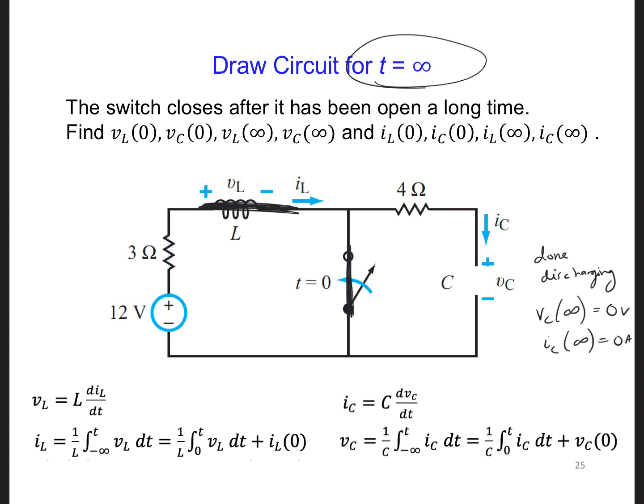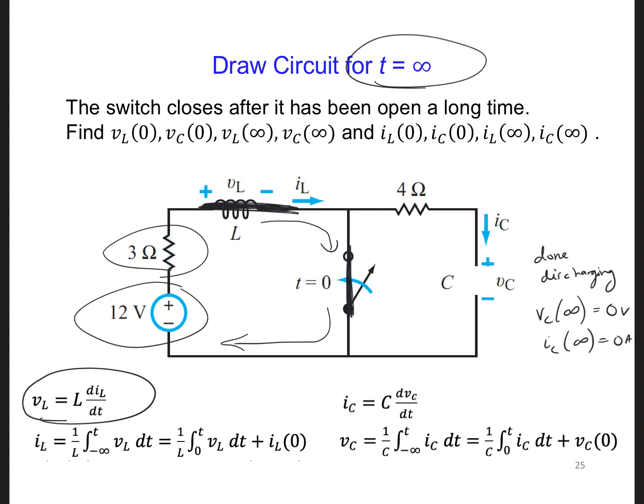And then on the left side, we still have a circuit. It's a voltage source and a resistor, and this is shorted and this is shorted, so that's all we have in this circuit. It's just a voltage source and a resistor, and nothing is changing at this point. So we have these equations.